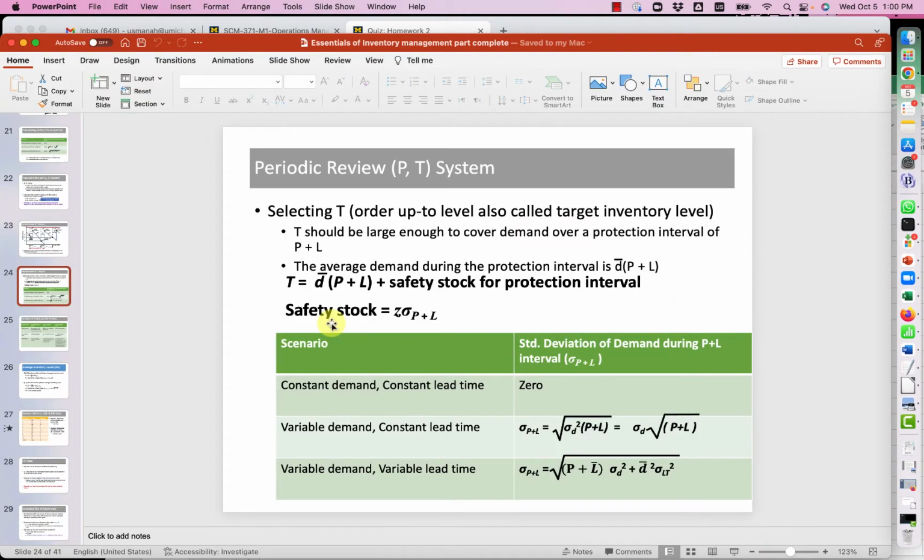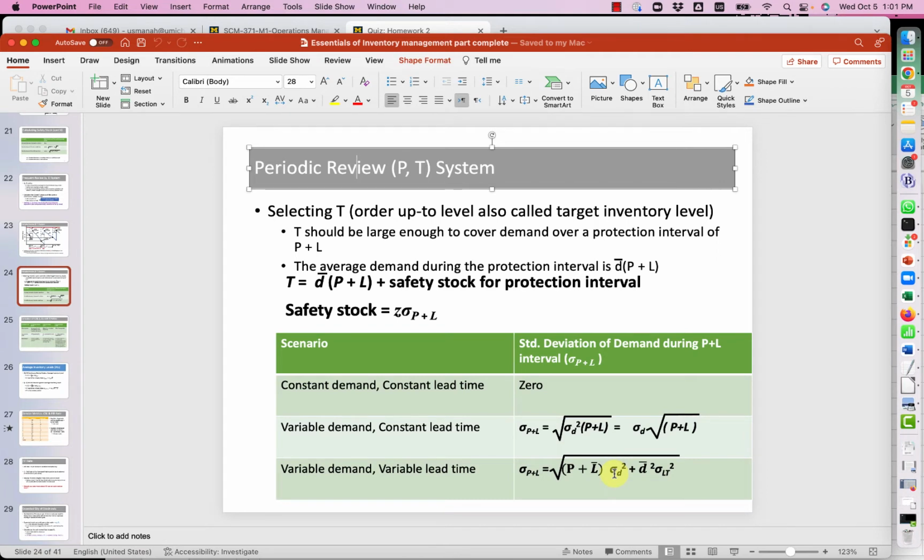We can see from the slides that when you have variable demand and variable lead time, the standard deviation sigma P plus L that we need for the safety stock calculation for a periodic review system, which is what we have here, is given by this long formula. You do P plus the average L times sigma D squared, which is SD as we write it in Excel, because sigma is kind of hard to write.